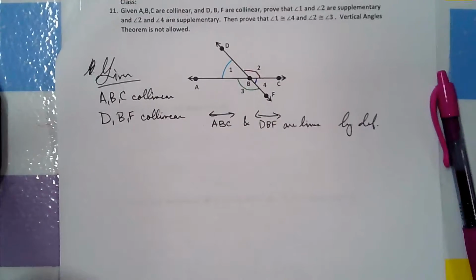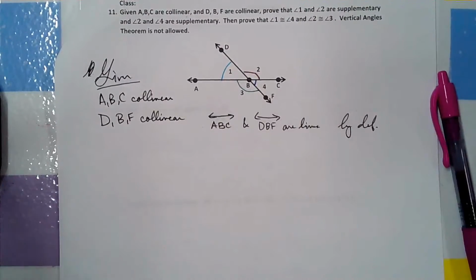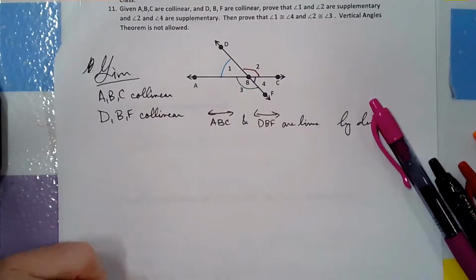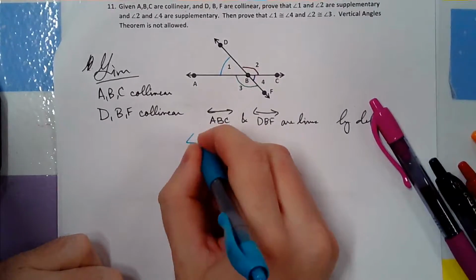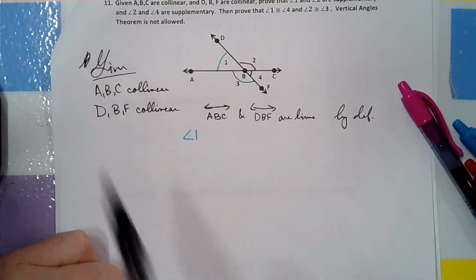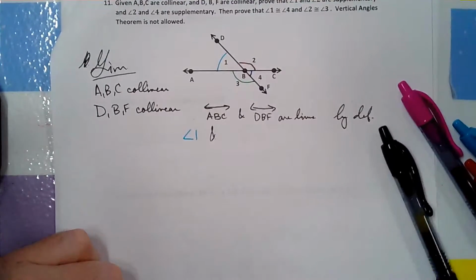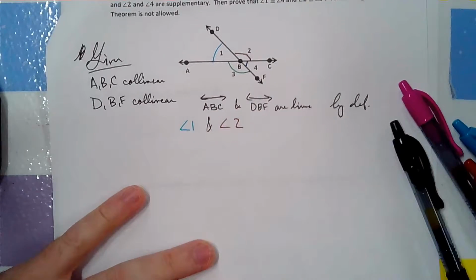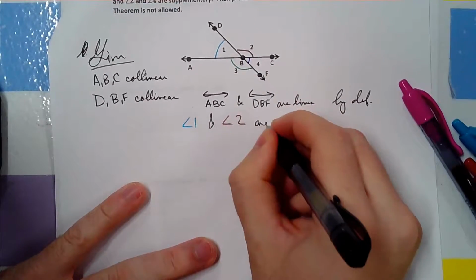Are 1 and 2 a linear pair? Yeah, right? They're linear. They're on the same line. There's 2 of them, right? Pair means 2. So they're a linear pair by definition. So that's what we have to write first. So angle 1, which is light blue. Thank you, Noah. Angle 1 and angle 2, maroon, are a linear pair.